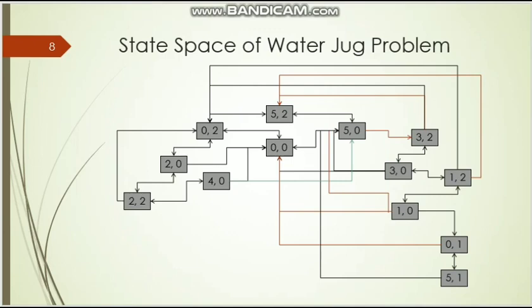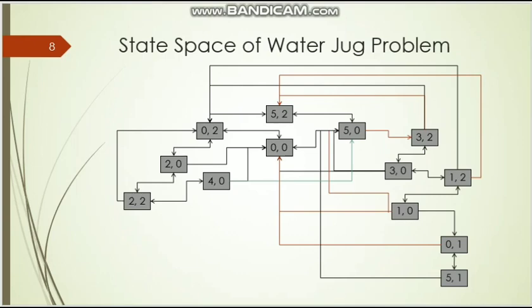Similarly, if we pour all the water in this particular node into the X jar, then we will get 5, 1. That is also another goal node. So this is how, by pouring water from one jar to another jar, or from the water source, or throwing all the water from the jar, we can change the states, and based on the state we can move from one node to another node.